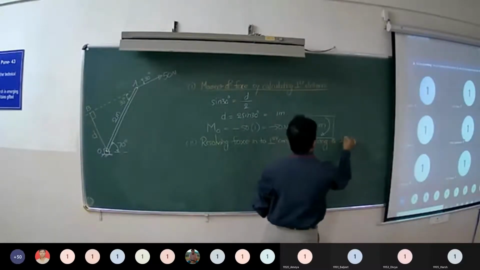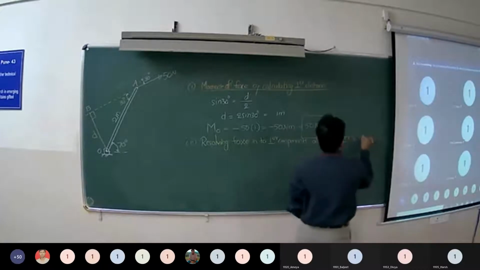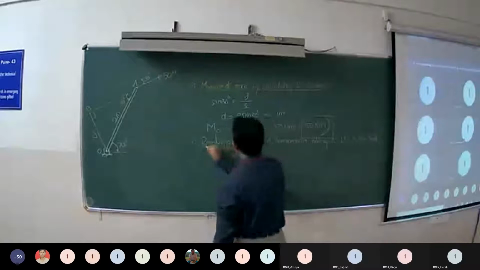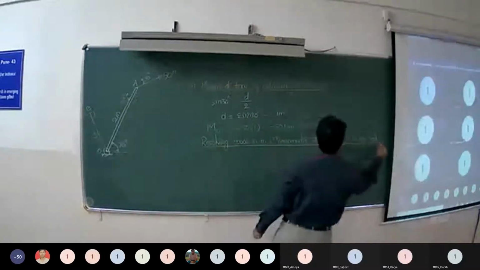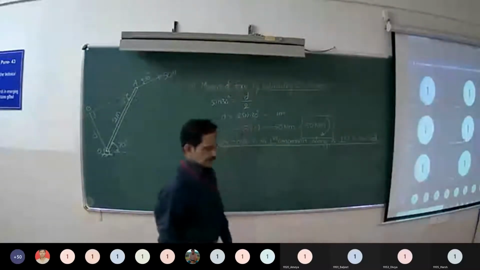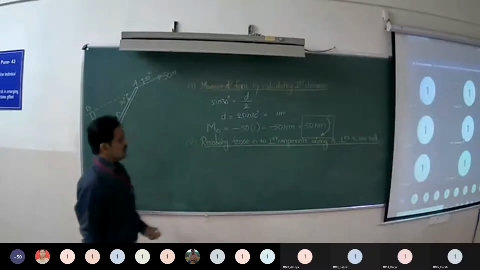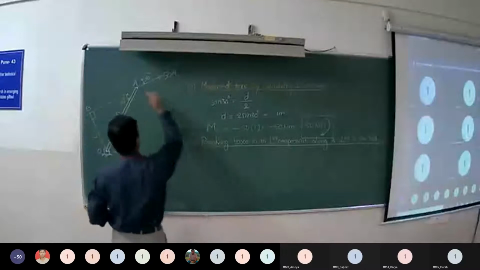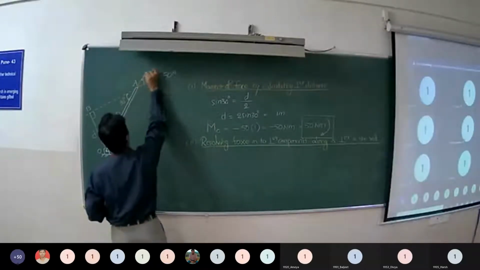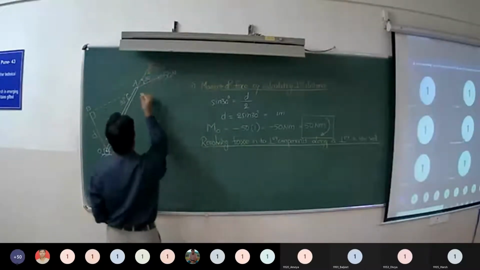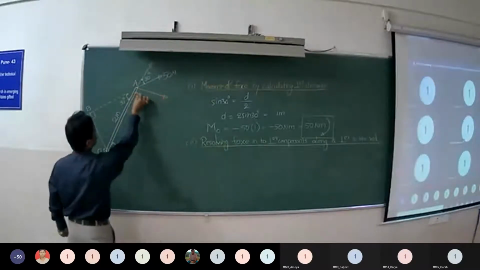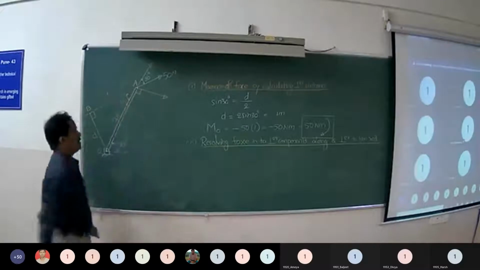Along and perpendicular to the rod. I am not resolving along horizontal and vertical or along x or y. I am resolving the force into two perpendicular components. One is along the rod, the other is perpendicular to the rod.